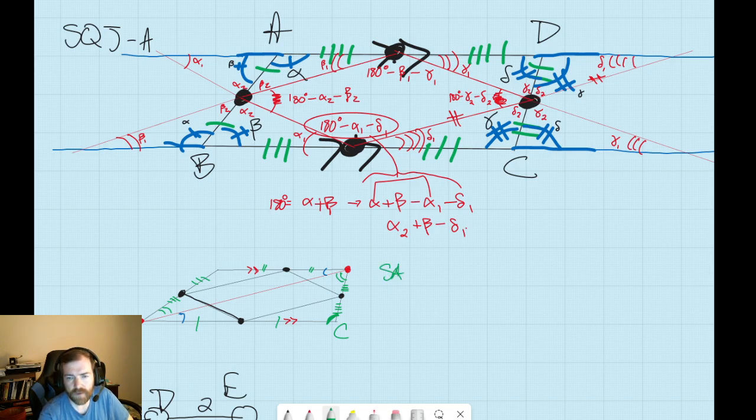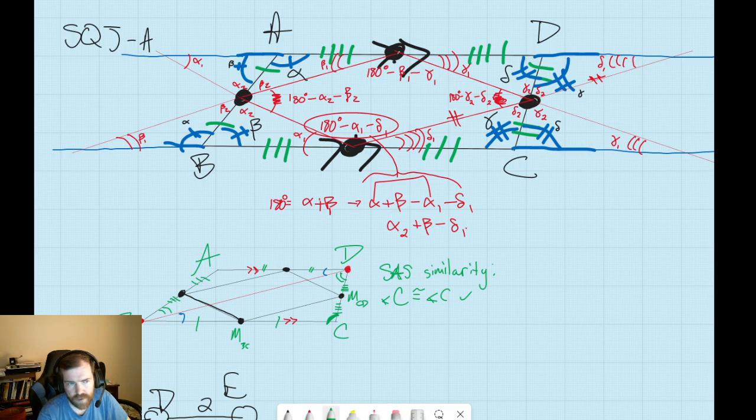Side angle side similarity. If, let's see, angle C is congruent to angle C, so check. And then AB over XY in this particular case would be B here, A here, D here. And MBC and MCD. Why not?